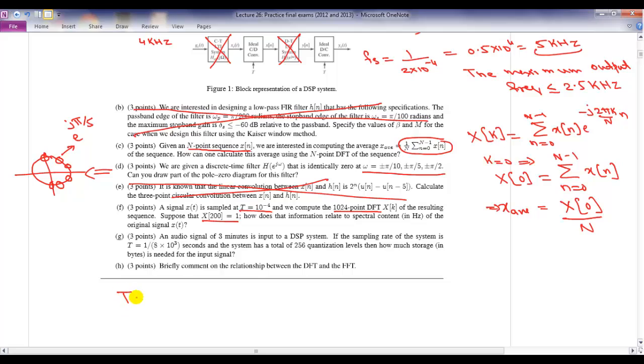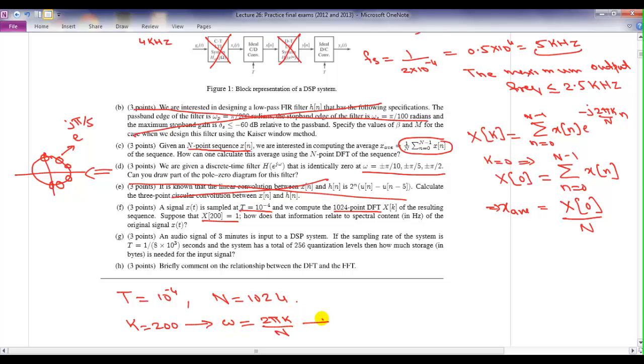So what we are given is T equal to 10 to the minus 4, N is 1024 point DFT, and X[200]. So the first thing you need to do is convert: k equal to 200 means little omega equal to 2 pi k over N. That's the discrete time frequency that it relates to, right? Since k is less than N by 2, this corresponds to simply this formula.